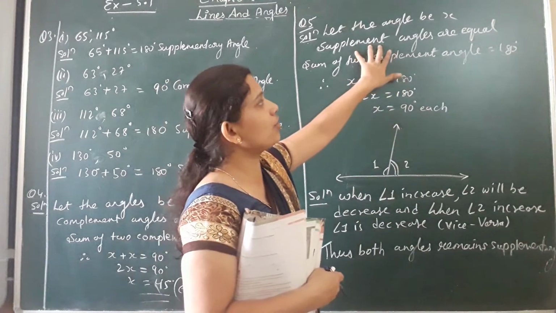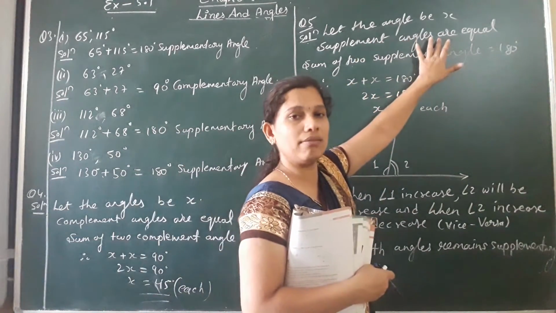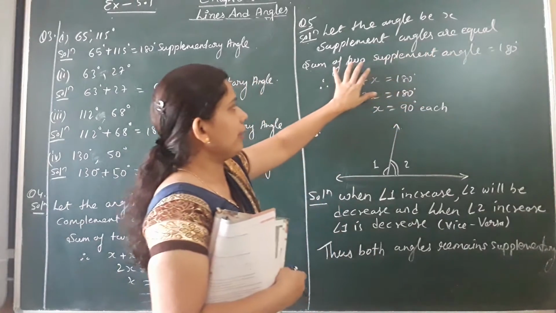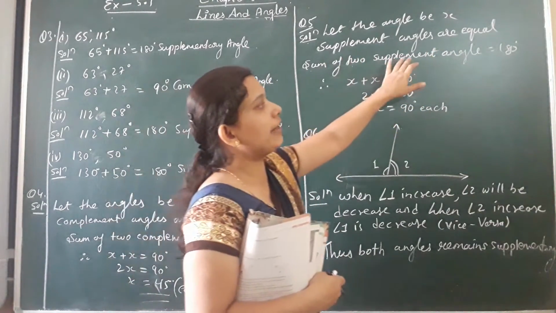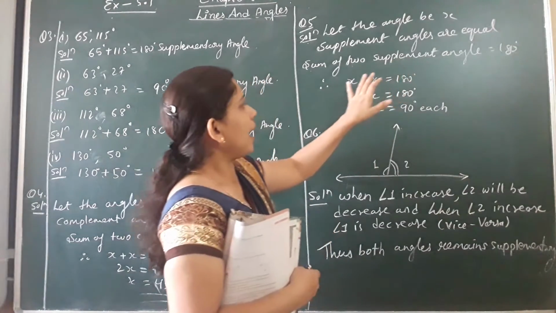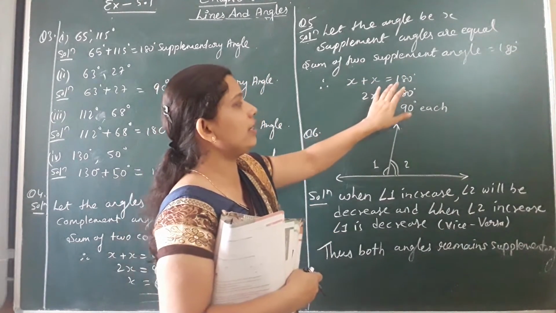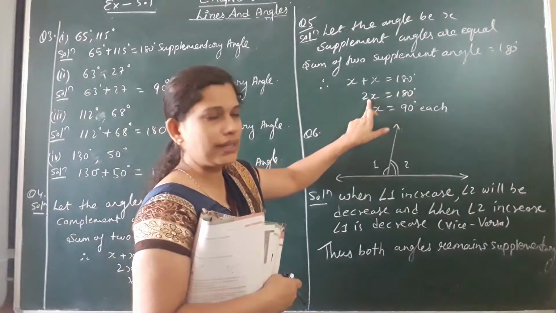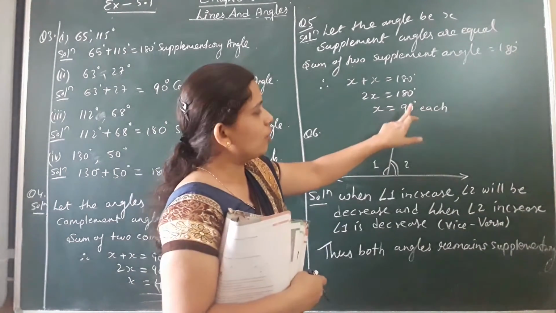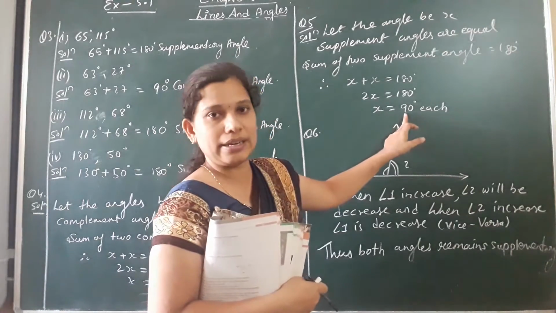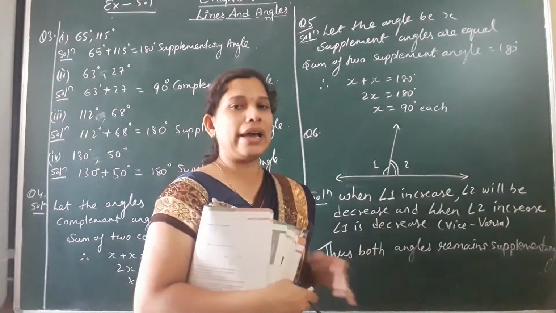Because it is said in the question that the supplement angles are equal. According to the definition or property of supplementary angles, the sum of the two supplementary angles is equal to 180 degrees. Hence x plus x is equal to 180 degrees. x plus x becomes 2x. This 2 goes to the denominator of 180 and gets divided. So the respective angles will be 90 degrees. So this is the supplement angle.